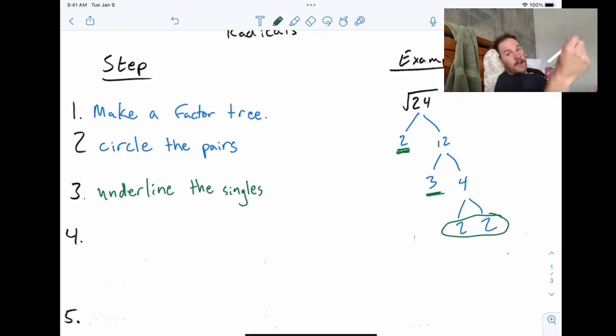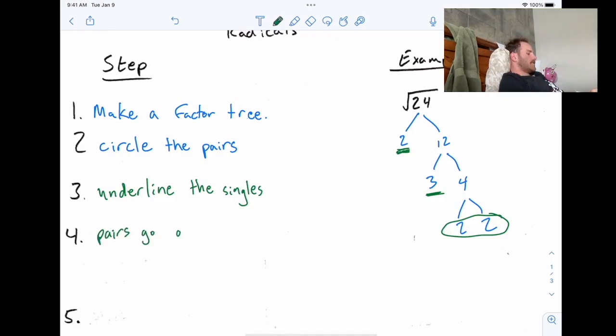Now, this is the fun part. The pairs, well, pairs, you know. Pairs. I'm going to make the connection to couples, right? Pairs go outside. And you'll see what I mean in a bit. The pairs go out, right? When you're a couple, you can kind of go out to movies or to dinner, something like that, right?